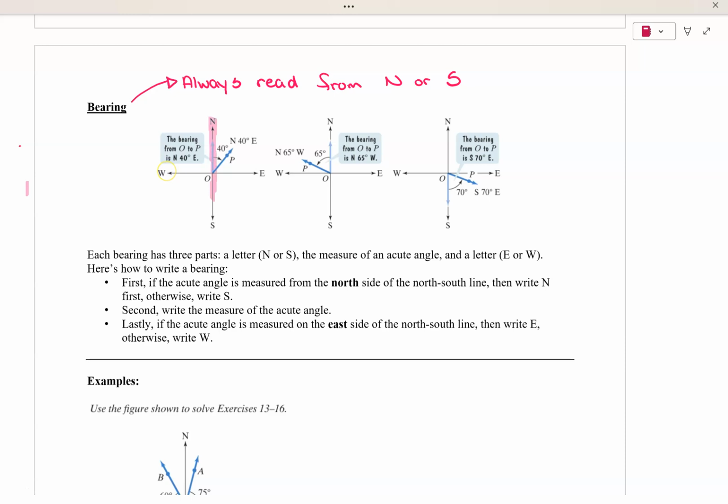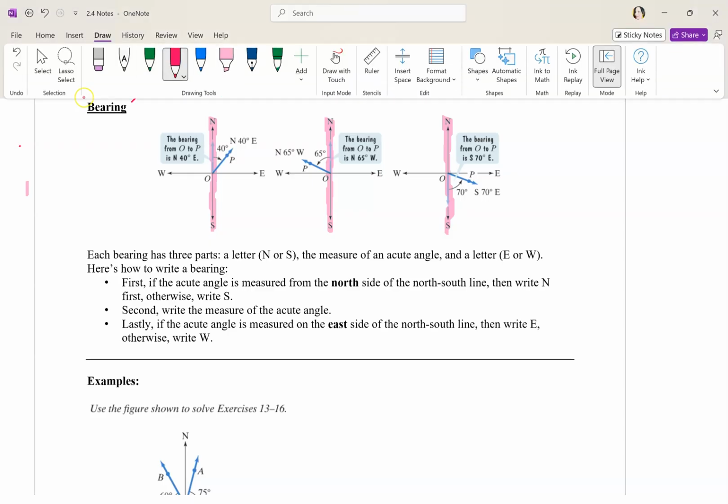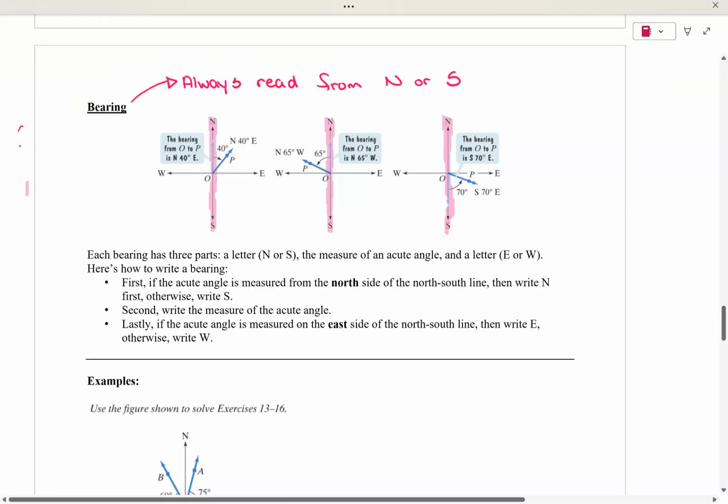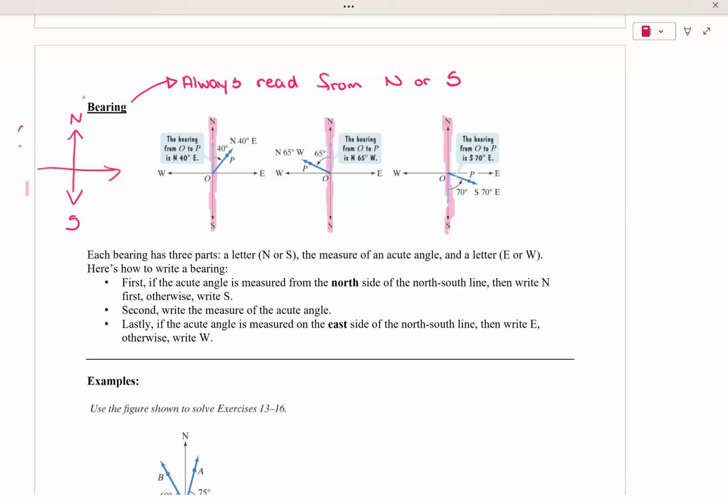This is your north to south line. Okay. And then it's up to you how you want to look at it. But it's never eat sour watermelon, never eat soggy Wheaties. But you're always going to have that north to south line. And then your east and west line. Okay.